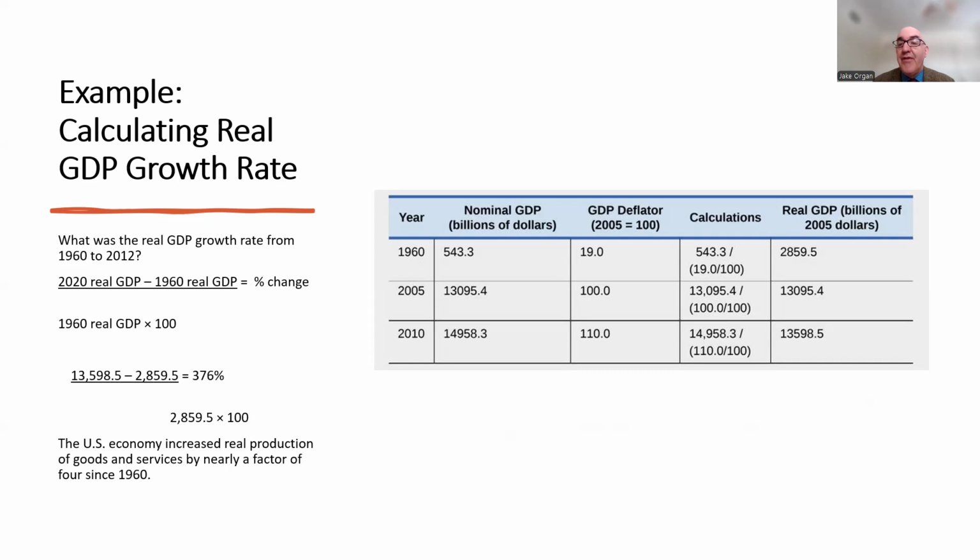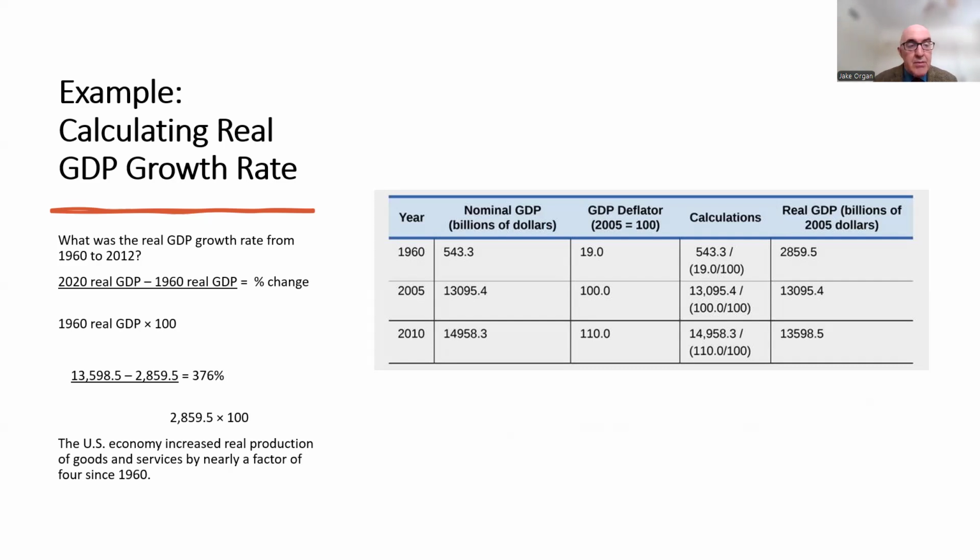With any change in real GDP growth rate, first you've got to find the real GDP, which you get by dividing the nominal GDP by the price index or GDP deflator, divided by 100. And then you get the two real GDPs, and then you subtract one from the other, and obviously times it by 100, and you get the percentage change.